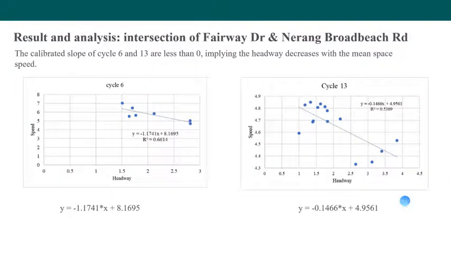For the results at the intersection of Fairway Drive and Narrowing Broadway, the results are shown in the figures. The slopes of cycles 6 and 13 are next to one, implying that the headway will decrease with the mean space speed.